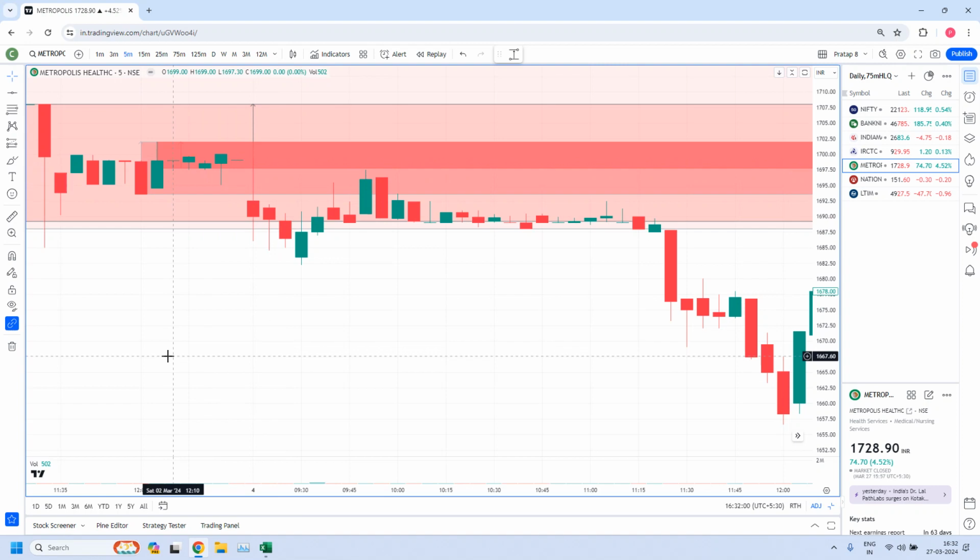I know you have a lot of doubts. All of you have one common doubt now: how can you say this zone is created by retail traders, not the institutions? That's why in today's Telegram message, I gave you a clue. What is the clue?